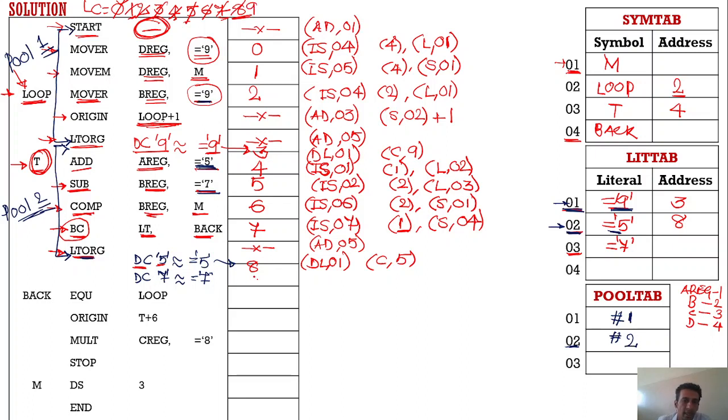For 7 I should allocate the space from 9, and again for DC 7 I should write DL comma 01, C comma 7. I should update the address of 7 as 9, and the length of this is again 1, so I should increment LC by 1. Now my LC is 10.